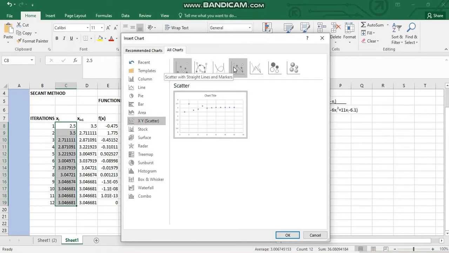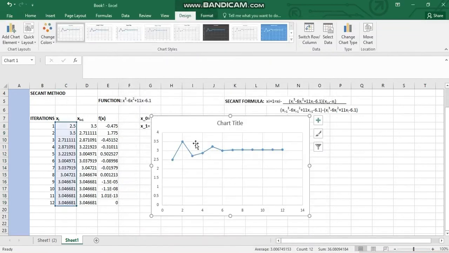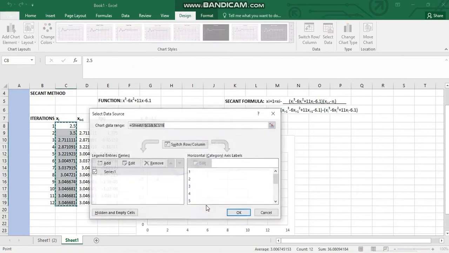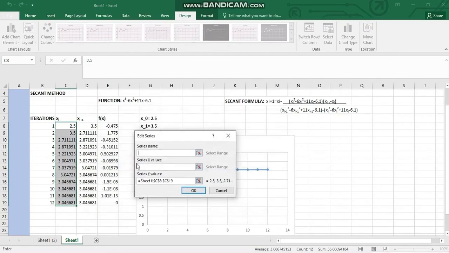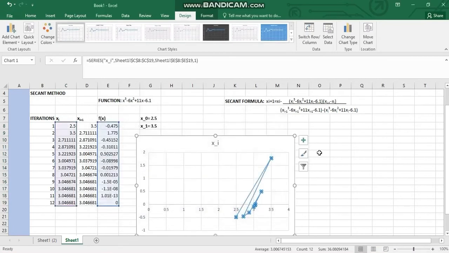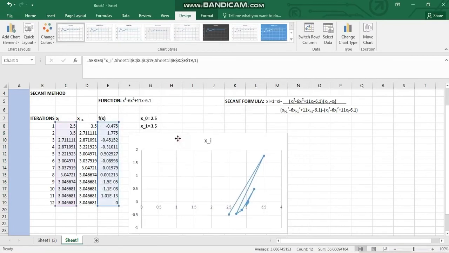And we will use a scatter with straight line and marker. Then select data, click edit. Change the series name to xi. And the value of x will be the xi, and for the y value will be the value of the function of x.